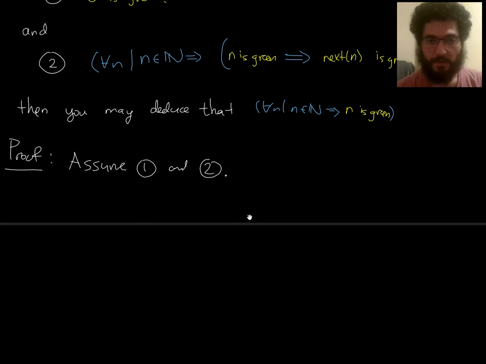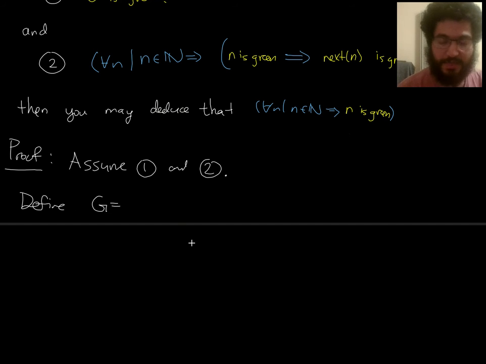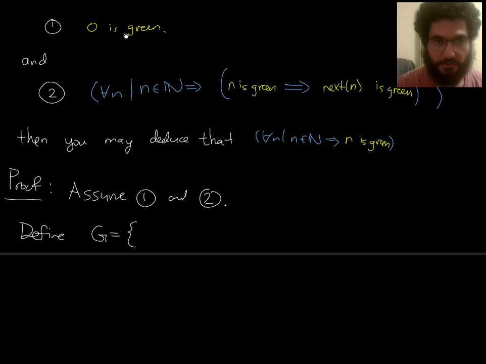So here's going to be the trick. We want to prove that all natural numbers are green, right? So here's the trick. We're going to define G to be the set of green natural numbers. We can do that. There might be some natural numbers that are green. We're in a context where we already know 0 is green, right?